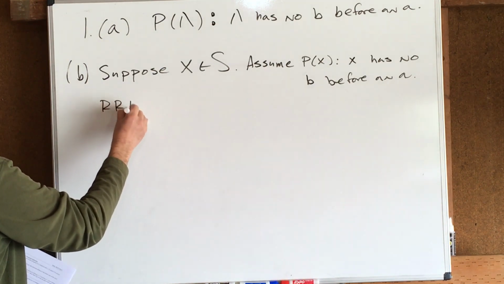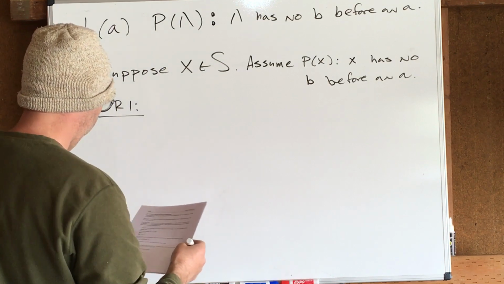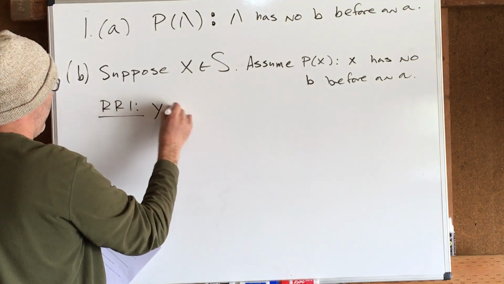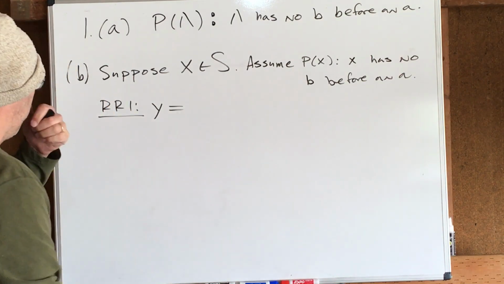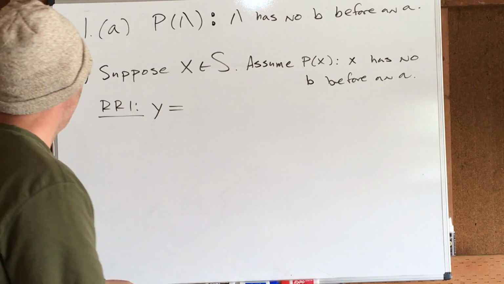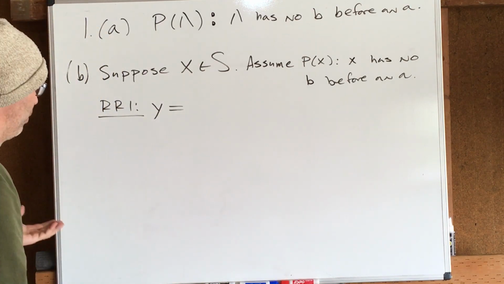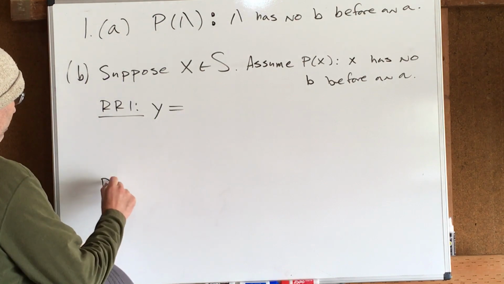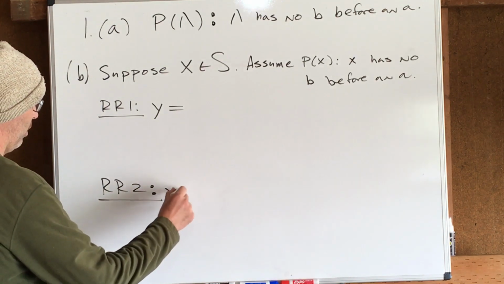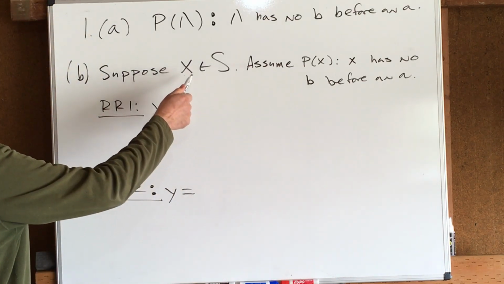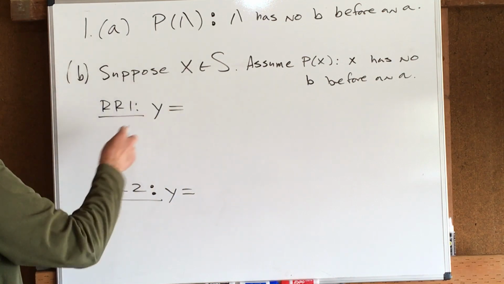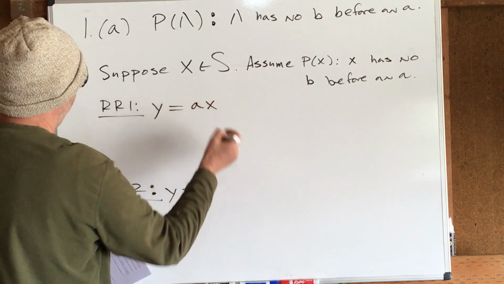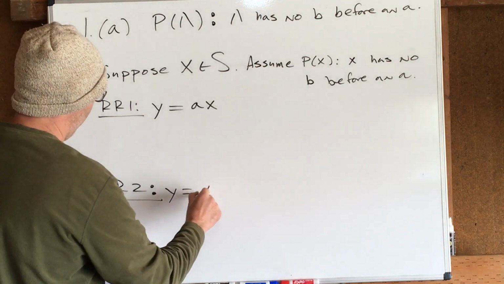For recursive rule 1, it says that if X is in S, then AX is in S. The idea is that we assume Y was created by applying one of the recursive rules, either recursive rule 1 or recursive rule 2, to X. We assume that X is in S, and that Y came from applying the recursive rule to X. So with recursive rule 1, Y would be AX, or Y would be XB.